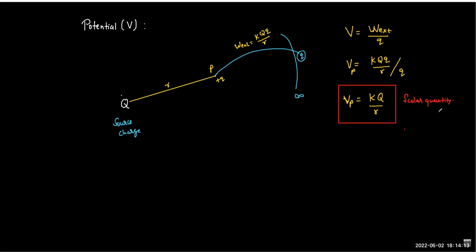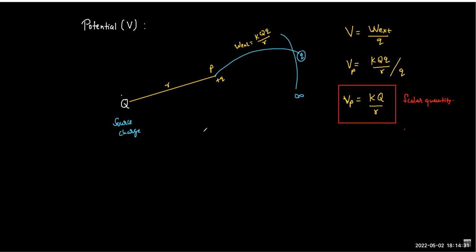It is a scalar. The formula is KQ by small r, which means a charge of value Q will create a potential of this value around itself at a distance r. So r is the distance from the charge.